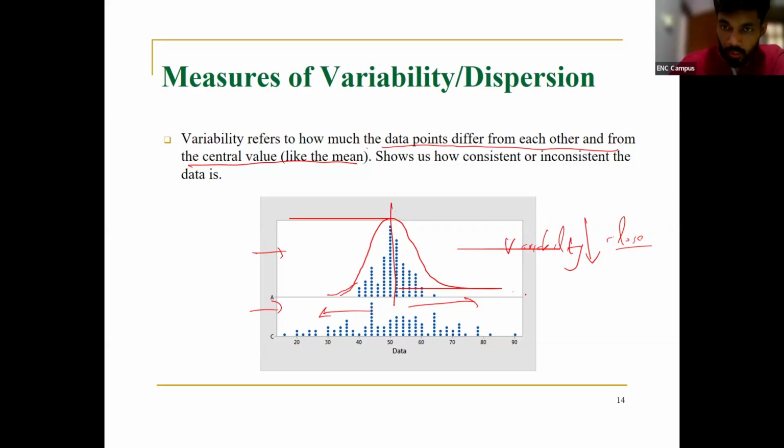And if the variability is higher, the data points are spread widely, right? They are not close to the mean.